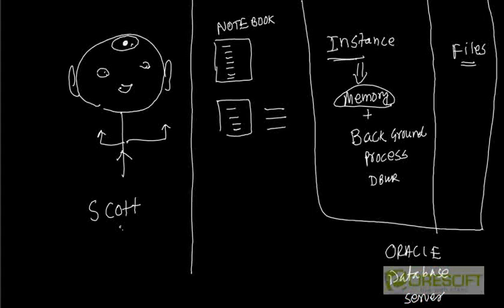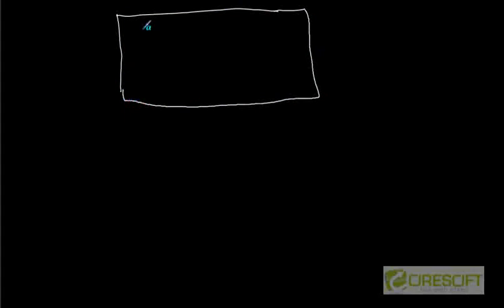Okay, so let's do a formal picture. The formal picture is something like this. An Oracle database server consists of processes, say P1, P2, P3, and there are plenty of them. We are going to discuss all these things in later videos, like what each process does and what each process is responsible for.